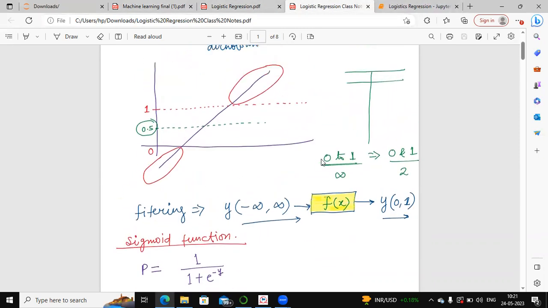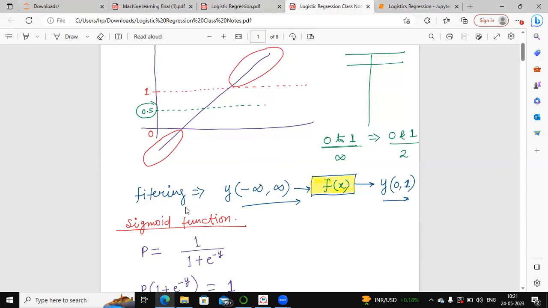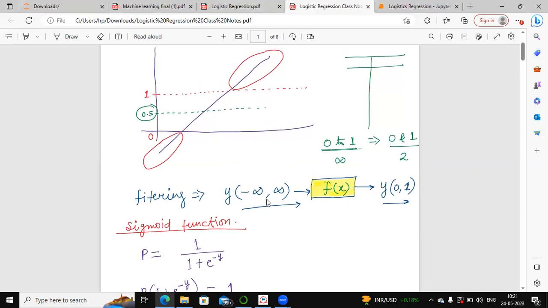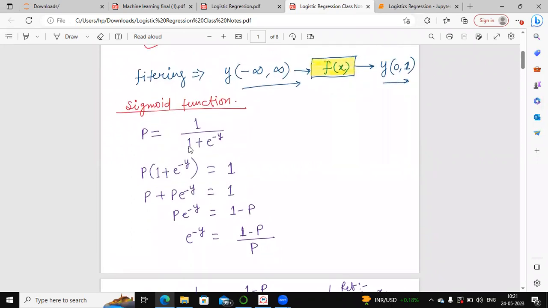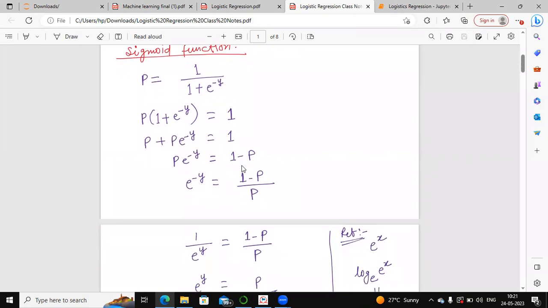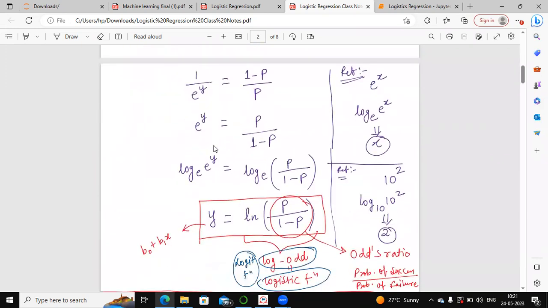So now we are applying filtering, passing minus infinity to infinity for our probability function, and it comes out to be a value between 0 and 1. 1 by 1 plus e power minus y. Apply minus infinity, you will get 0, and apply plus infinity, you will get 1. So we equate it and you will get this answer.